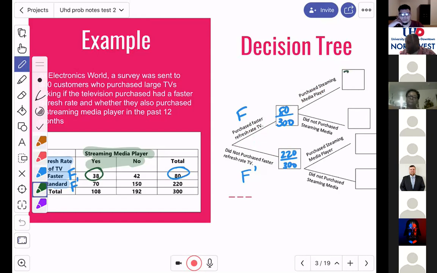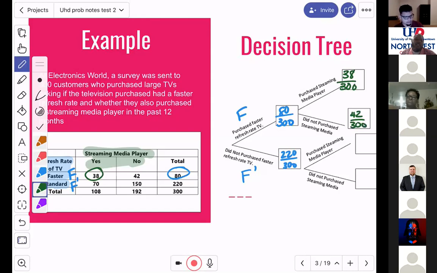And that's 38 out of how many? Still 300, we're looking at the 300 sample. Don't change that. How many people did not purchase a streaming media player then? 42 out of 300.